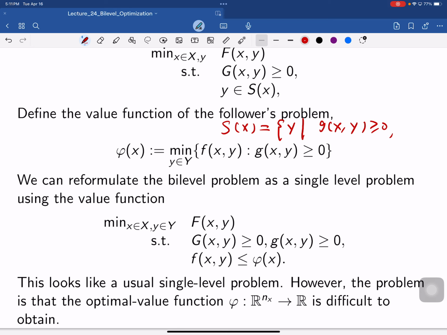What does it mean for y to be optimal? Since I know for a given x the optimal value of this problem is phi of x, if I only choose the y's with f of x, y less than or equal to phi of x, then those y's must be the optimal ones. Actually, they should be equal, so all the y's that achieve the optimal objective are the optimal y's.